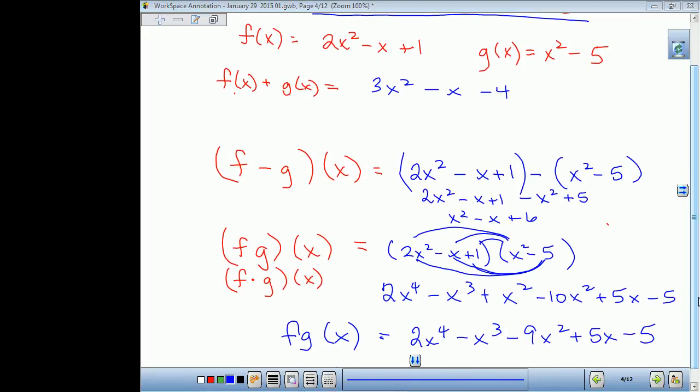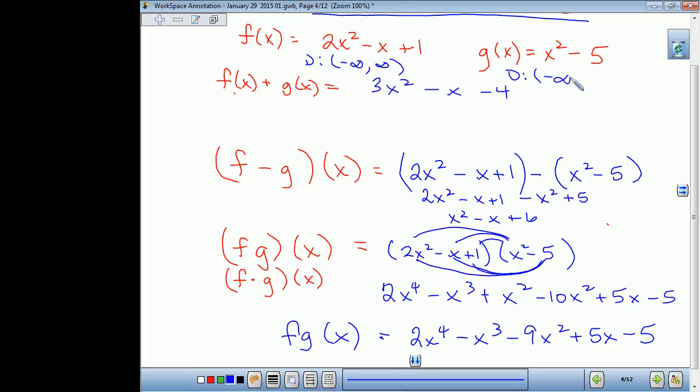When we were looking at the last word problem, the domain was very important. The domain is really always important when we're thinking about functions. What would this graph look like? A parabola. What's the domain of every parabola? Negative to positive infinity. What's the domain of this function? Same.